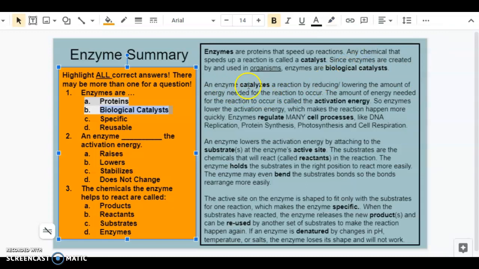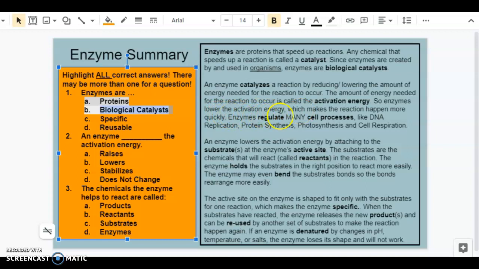An enzyme catalyzes a reaction by reducing or lowering the amount of energy needed for the reaction to occur. The amount of energy needed for the reaction to occur is called the activation energy. So enzymes lower the activation energy, which makes the reaction happen more quickly.